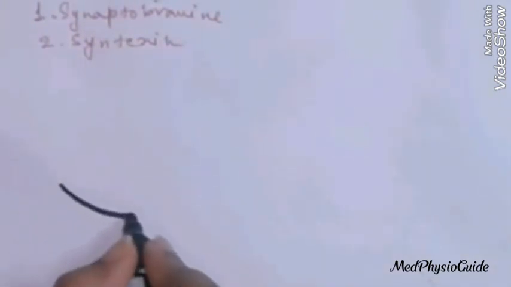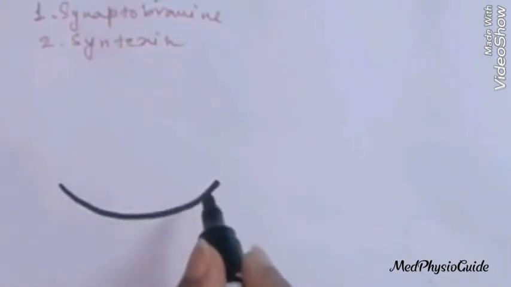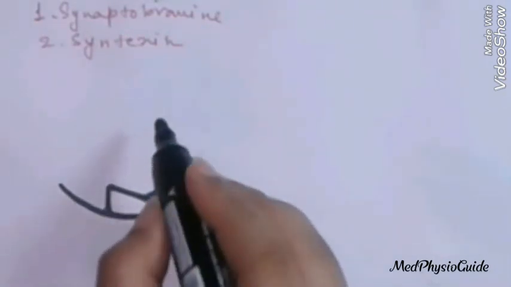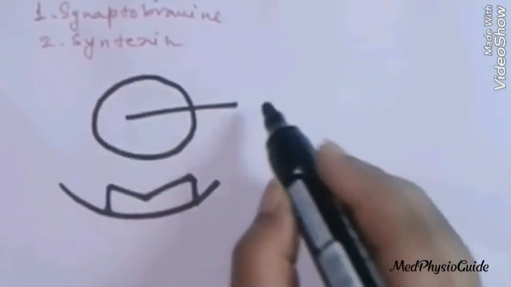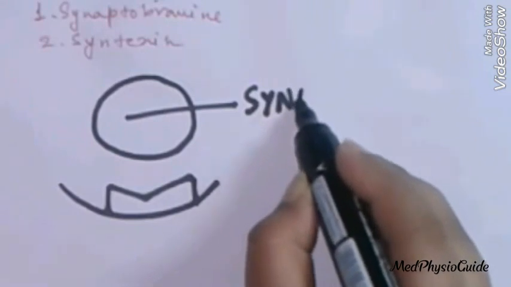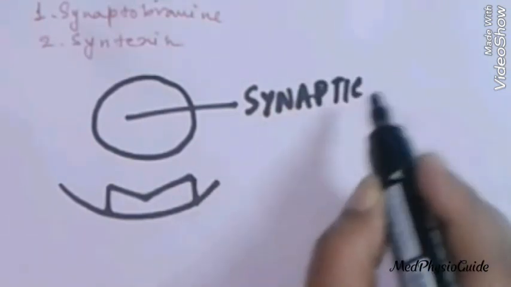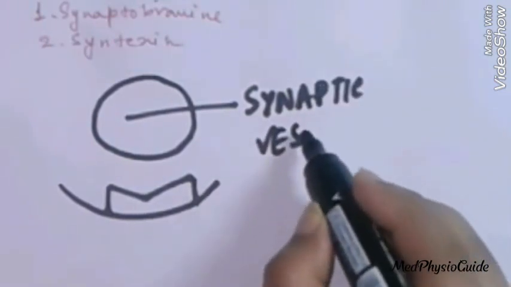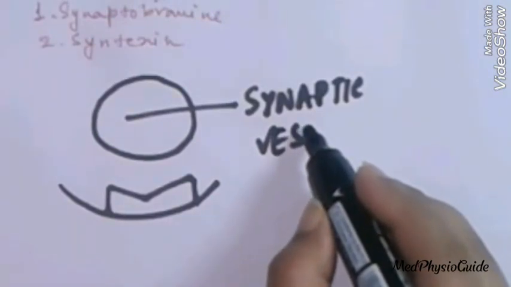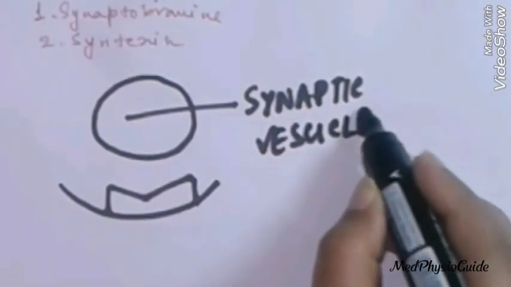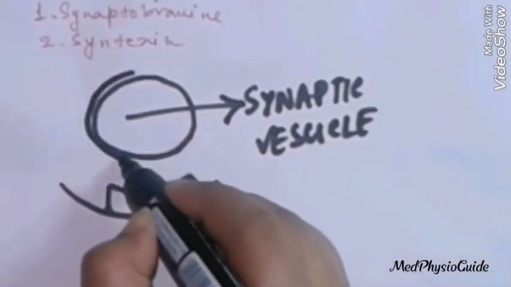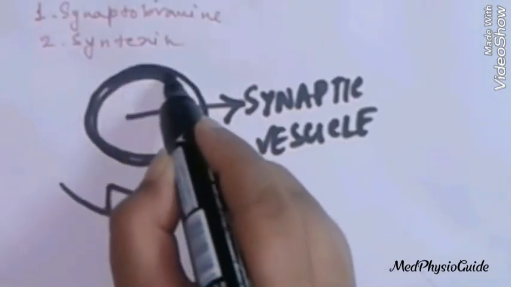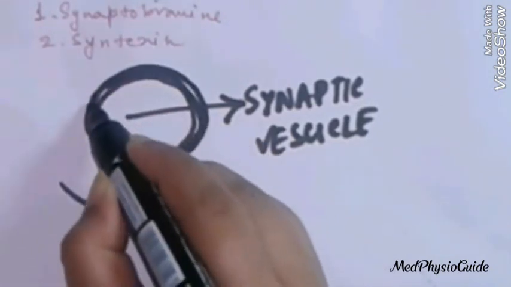Okay, so this is maybe the nerve ending or the ending membrane of the nerve. This is the syntaxin, and suppose this circular thing is the synaptic vesicle, and the layer on the membrane covering up the synaptic vesicle is known as the synaptobrevin.